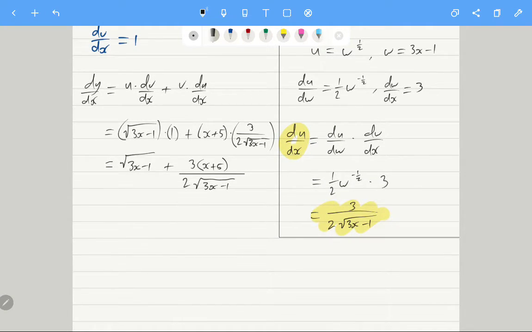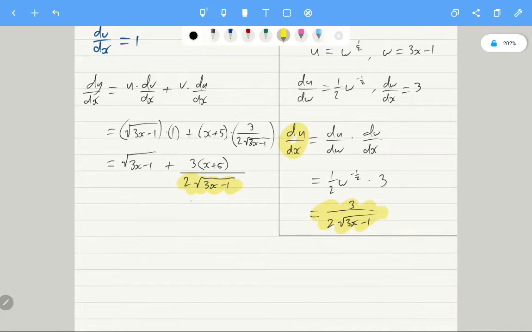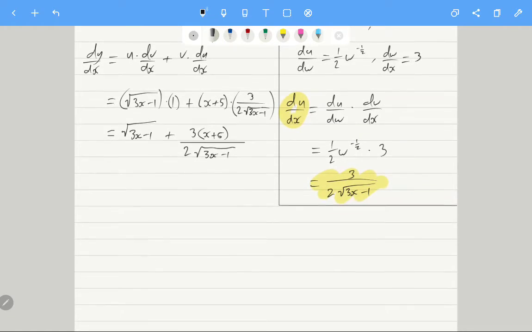Alrighty. Now, often it might be useful to write this as one fraction instead of as two. And so that's what I'm going to try and do now. Problem is, this has a denominator of 2 root 3x minus 1, and this currently has a denominator of 1. So I need to change the denominator.